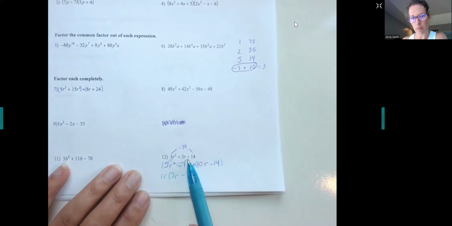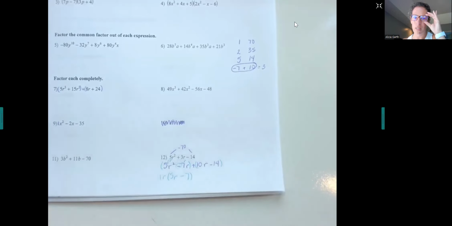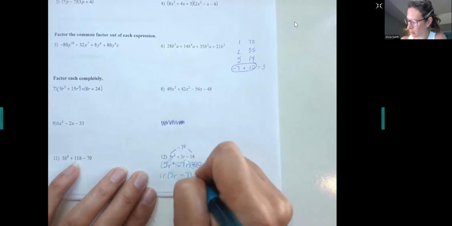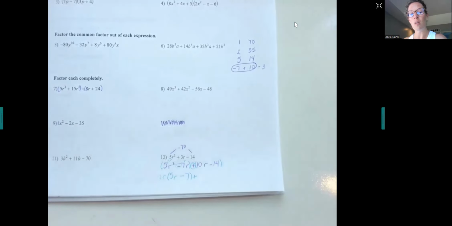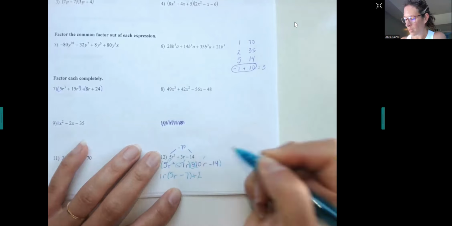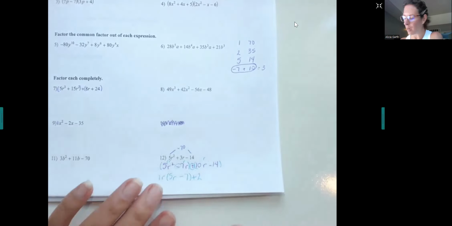I had 1 r. I took 1 out. There's no more r's left. Then I'm going to add because of this addition. What's the highest number that can go into both 10 and 14? So the highest number that can go into both 10 and 14 is 2. I have 1 r here, but no r's here, which means that I cannot take an r out.